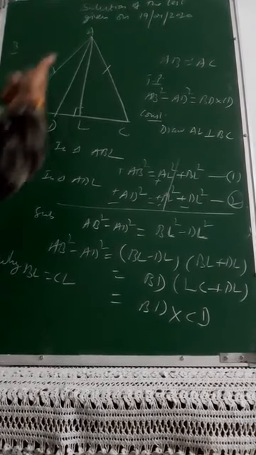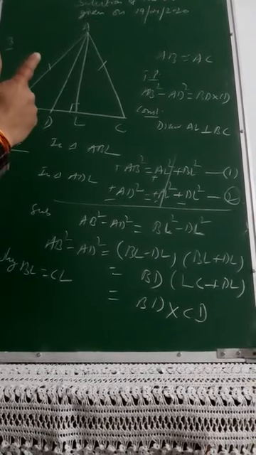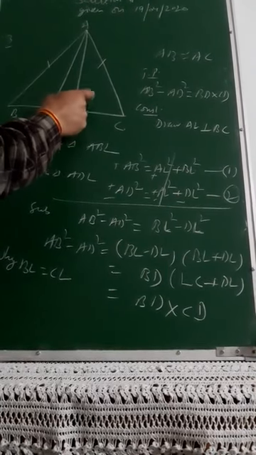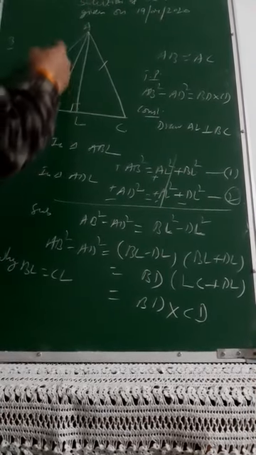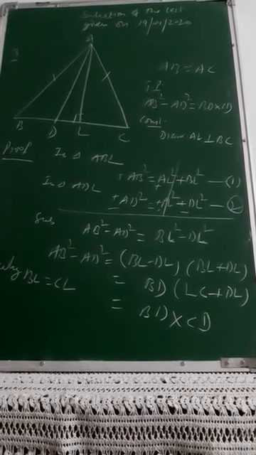Here triangle ABL and triangle ACL are congruent by RHS. AL is equal to AL, one side is the right angle, so this also will be a right angle, that is your R, and AB is given equal to AC, because I have to use that AB is equal to AC, that's why I am using that.